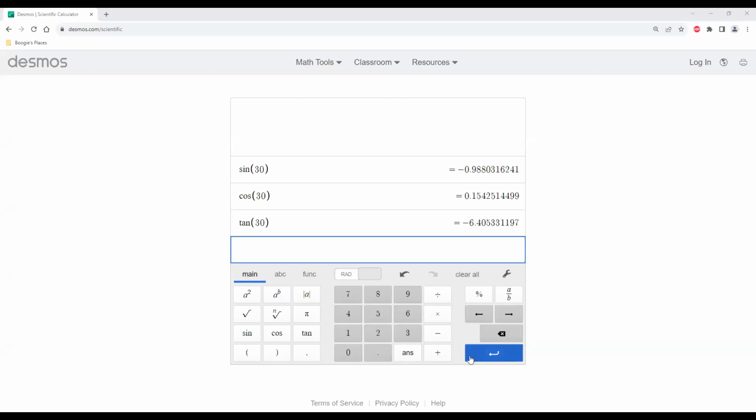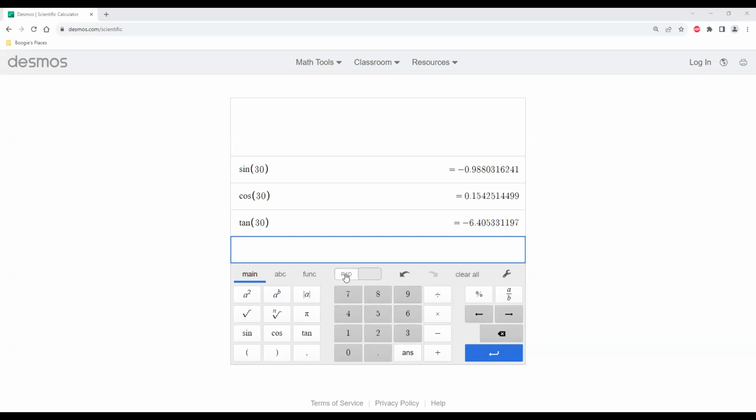Anyone know what went wrong here? Well, in a sense, the numbers I put into the calculator were absolutely fine, but I didn't check whether the calculator was using degrees or radians. If it's not set up properly at the start, you're going to get the wrong answers. So here, if you note down here, it's radians rather than degrees.